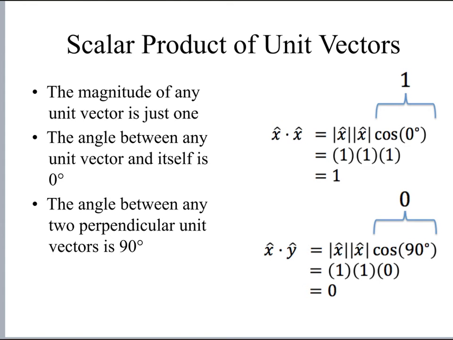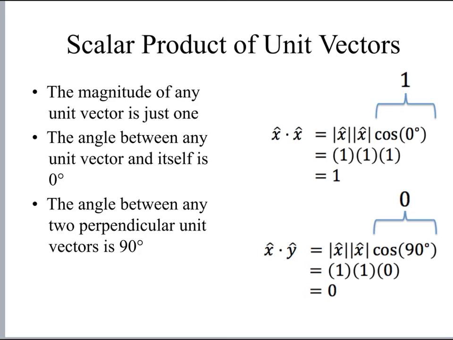Now, from the geometrical definition of the scalar product, I can say that that's going to be the magnitude of the first vector, x hat, times the magnitude of the second vector, times the cosine of the angle between them. But what's the angle between x hat and itself? 0. There is no angle between x hat and itself. And so the cosine of 0 degrees is 1, so x hat dot x hat is just 1 times 1 times 1, or 1.